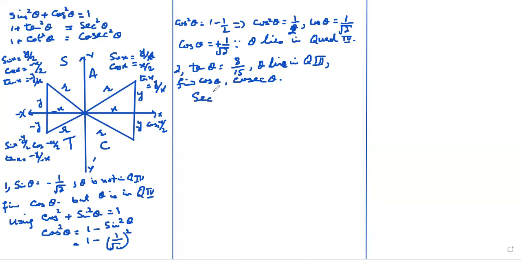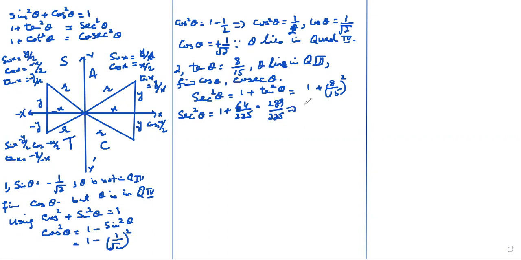So secant square theta equals 1 plus tangent square theta, which equals 1 plus 8 over 15 squared. So secant square theta equals 1 plus 64 over 225, so equals 289 over 225.